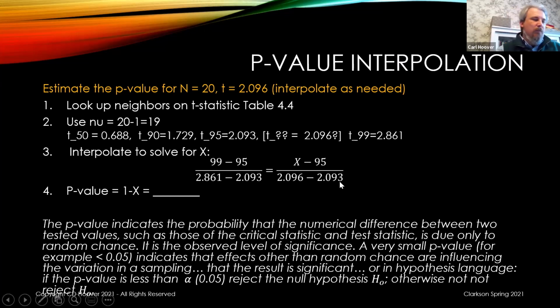With that, we can compute a probability of approximately 95, actually 95.01, based on solving for x here. And then the p-value is 1 minus 95.01, so it's 0.0497.